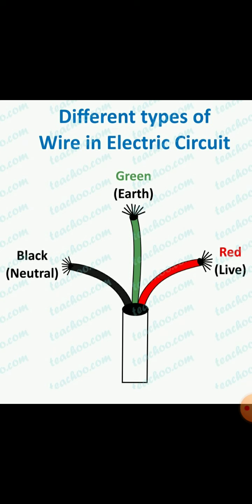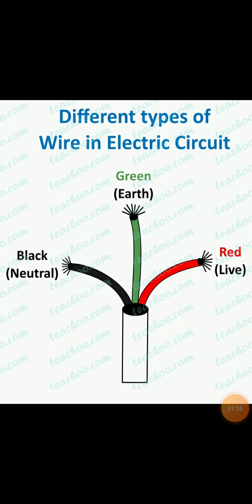Some say it is the positive wire. Another wire with black insulation is called neutral wire or negative wire. The third type of wire, with green insulation, is known as earth wire.